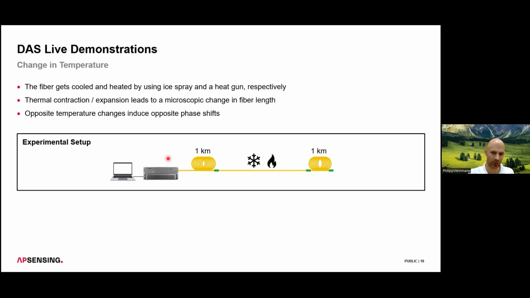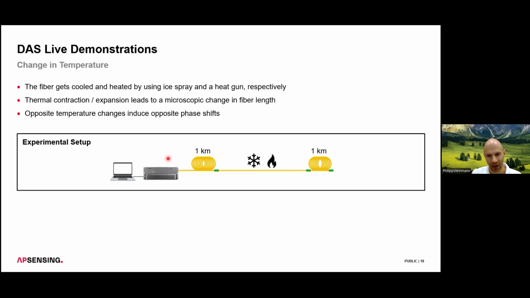What I will do now is use ice spray. I will apply ice spray on the patch cable to cool the glass fiber down. And I will use a heat gun for heating the glass fiber. And we will have a look at the waterfall diagram, whether we can see a signal.